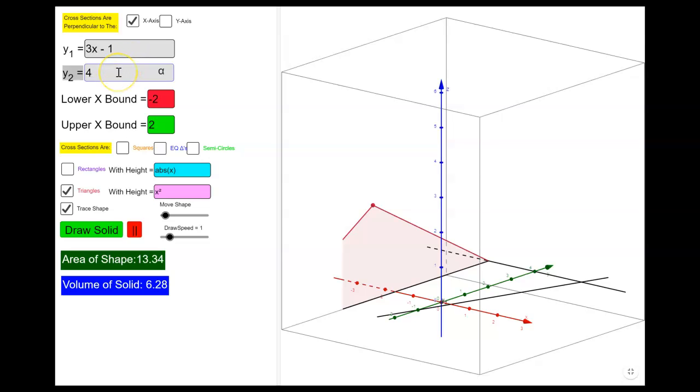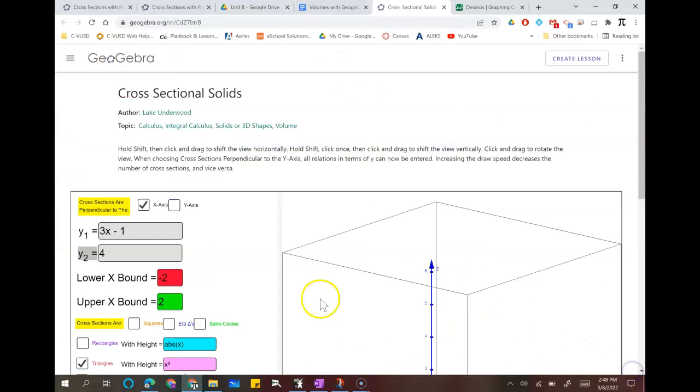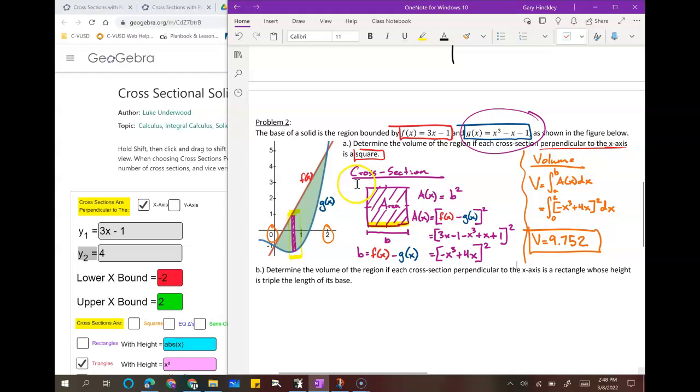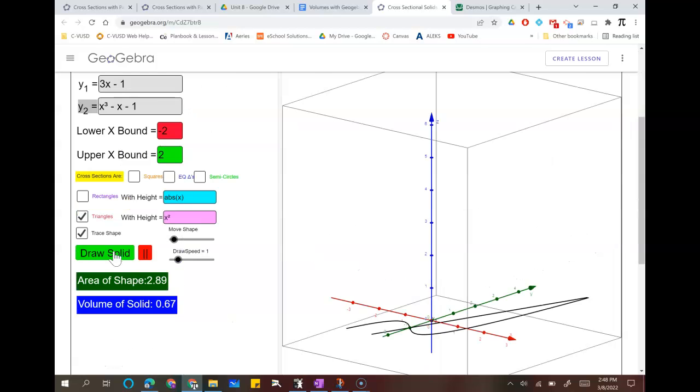And then this was x cubed. Let's see, I remember, x cubed minus x minus 1 is what we had there. So x cubed minus x minus 1.